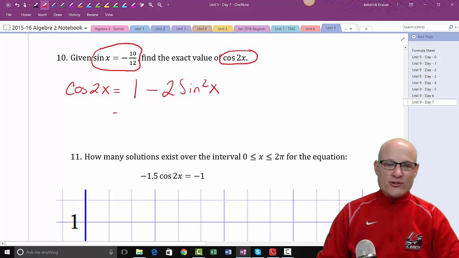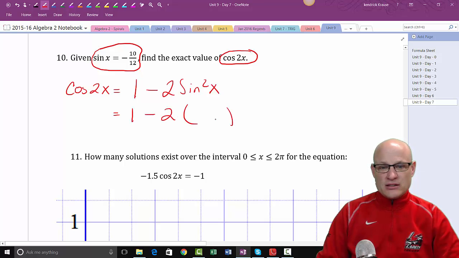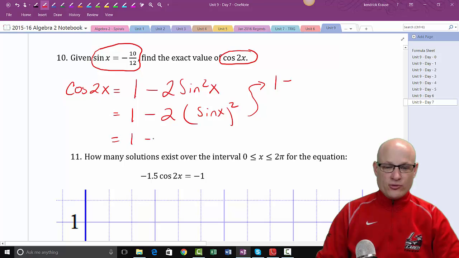But I want to remind you, this is really equal to 1 minus 2 sine of x, squared. So what does that really mean? It's really 1 minus 2, and what goes in there is -10 over 12.